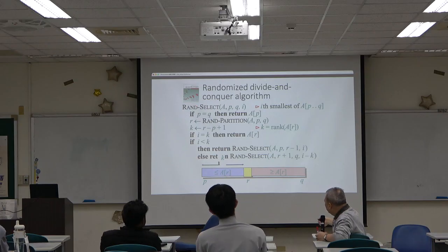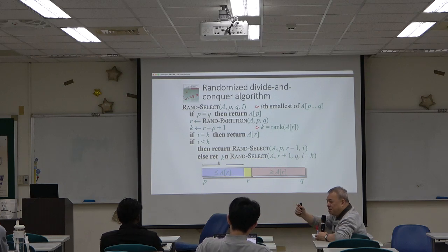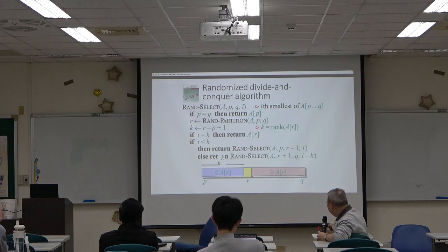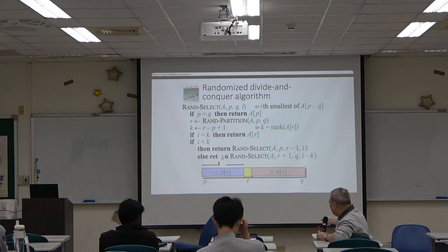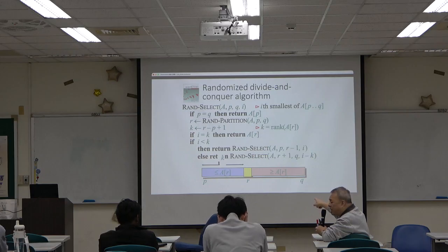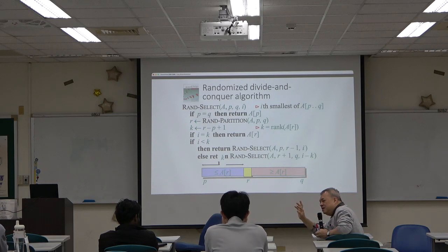In quicksort, if you pick a pivot, after one pass, one iteration, you find the location of that pivot, right? If you want to find the rank i, and at the end that pivot is at location r, then it depends on the relationship between r and i.